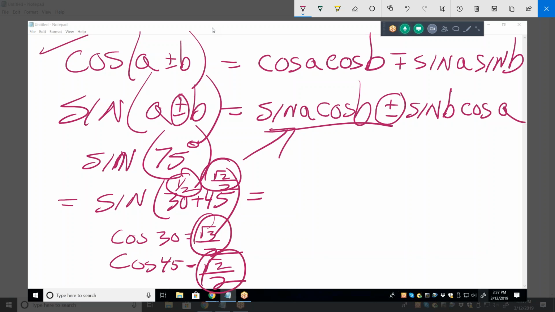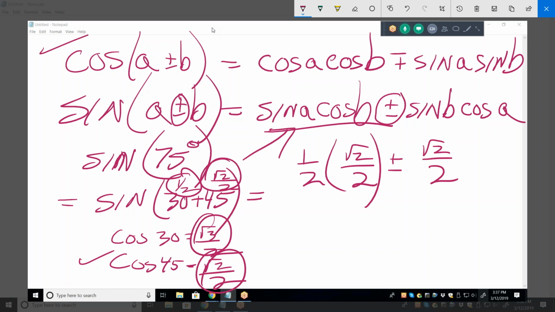So what's the sine of the first angle? Cosine of the second angle? No, cosine is root 2 over 2. Okay. That's plus or minus. What's the sine of the second angle? And the cosine of the first angle.